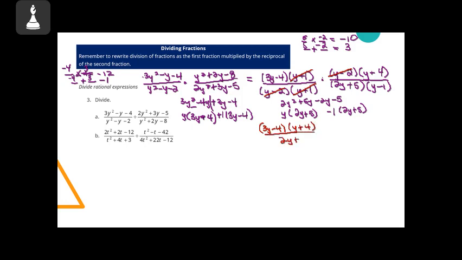I will give you that answer here just so you can see it: 3y squared plus y minus 4 over 2y squared plus 3y minus 5. You can see that when we don't have a coefficient of 1, there's definitely a lot more work involved. And division problems take a little bit longer just because I have to rewrite them as multiplication first.